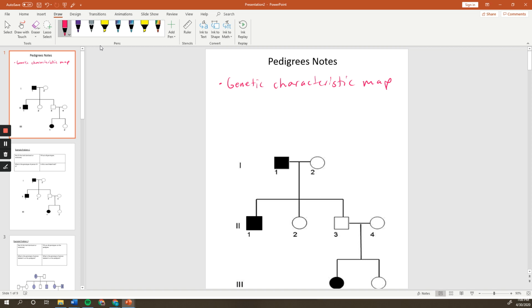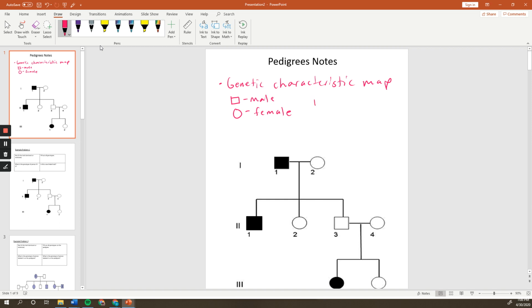Some of you have probably seen this before, but I just want to give you some of the basics. You see the map down below, and wherever there's a square, that is a male, and wherever there is a circle, that is a female. You also see that some of them are shaded and some are not.